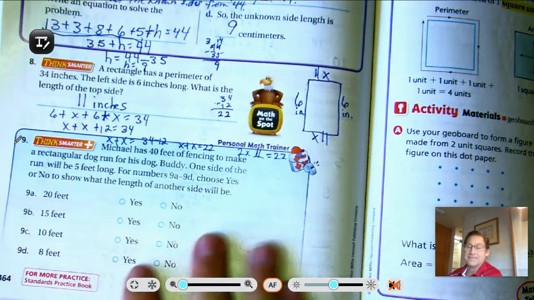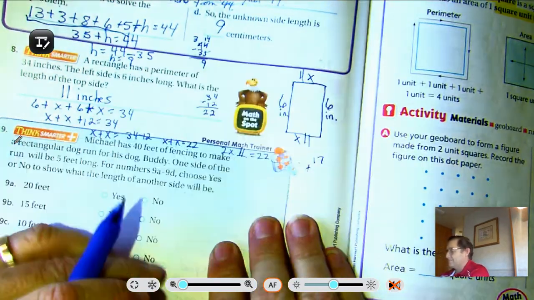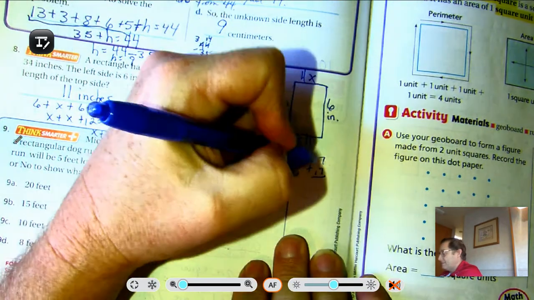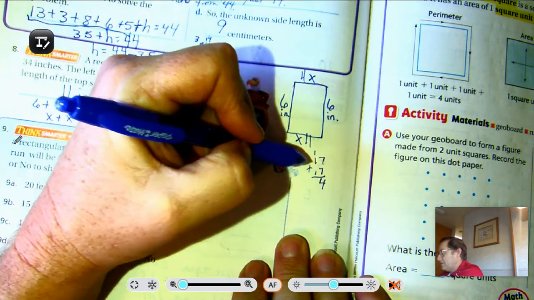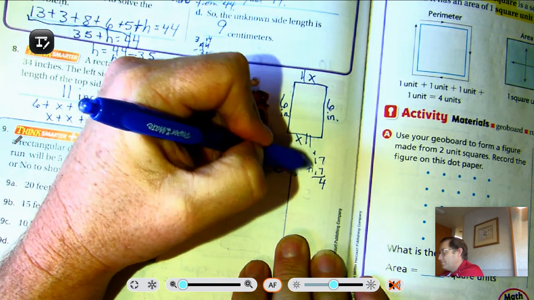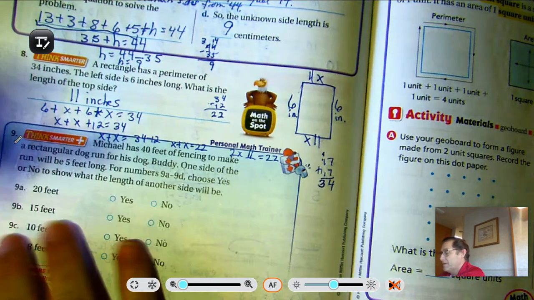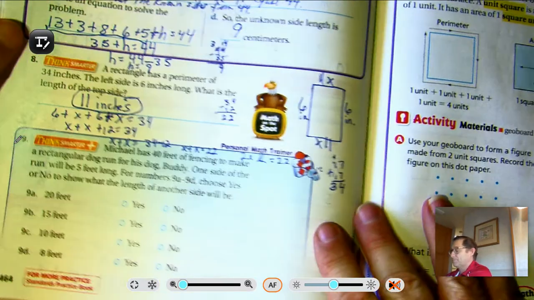And let's add them up to see. 11 plus 6 is 17. 7 plus 7 is 14. Regroup as 1 ten and 4 ones. 10 plus 20 more is 34. So that matches. So 11 inches is the missing side.